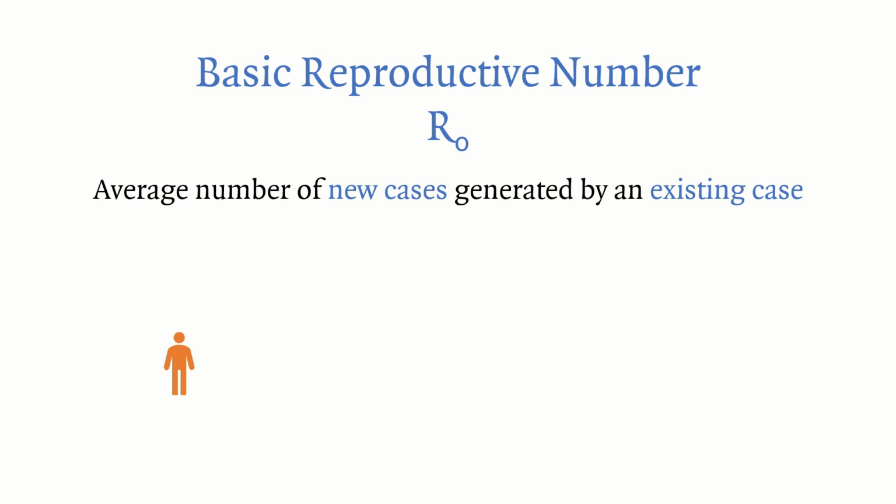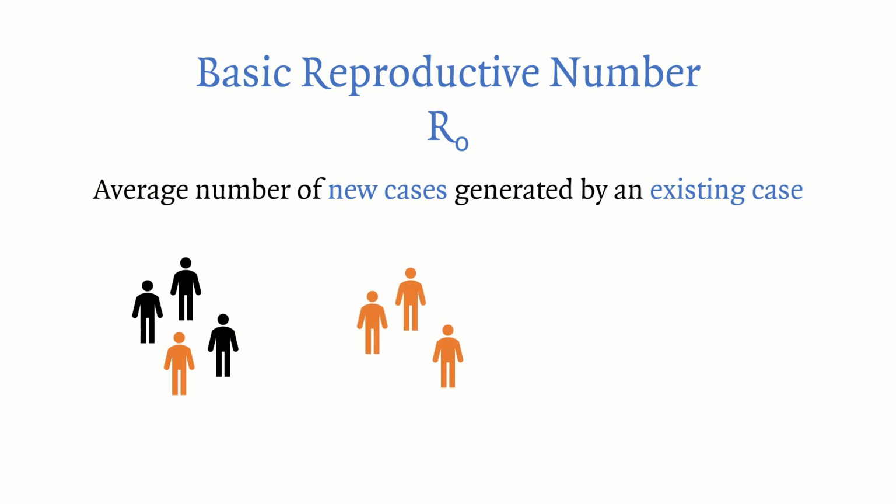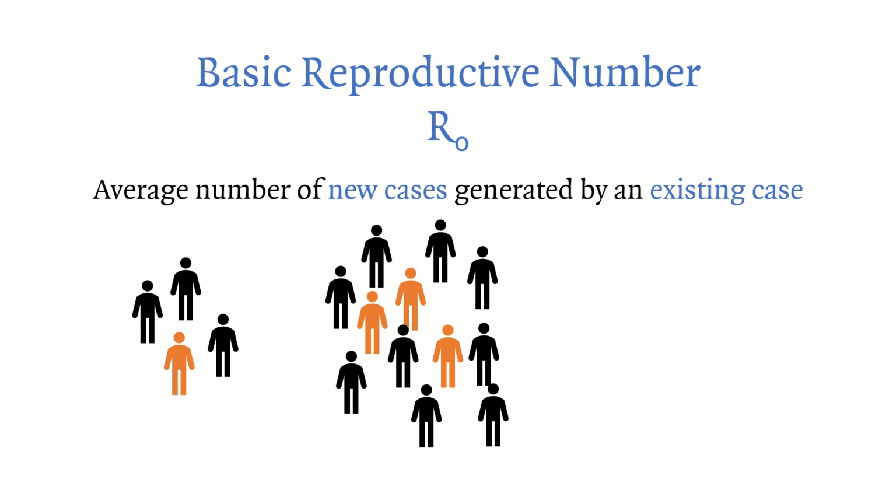So let's say I have an infected person. This person generates 3 or more new cases. So the R0 here is 3, okay, and by the way, the R0 of coronavirus is between 2 and 3. So these 3 people become infected because they're susceptible, and therefore they will spread the disease to 3 or more people each.